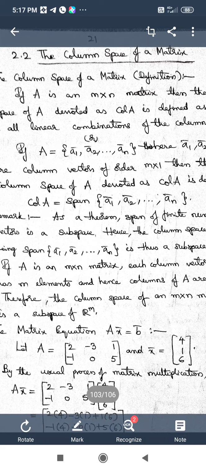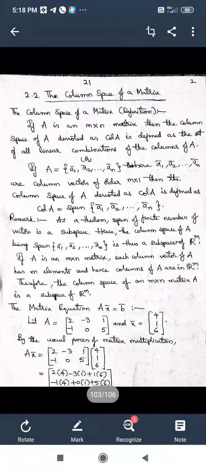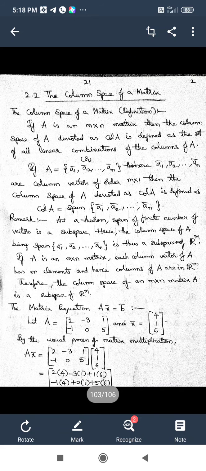So if A is an m by n matrix, then the column space of A is denoted by COL A, capital COL, column A. A is the capital letter as it denotes the matrix, and the column space of A is defined as the set of all linear combinations of the columns of A.